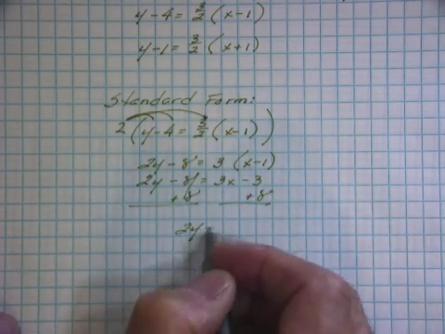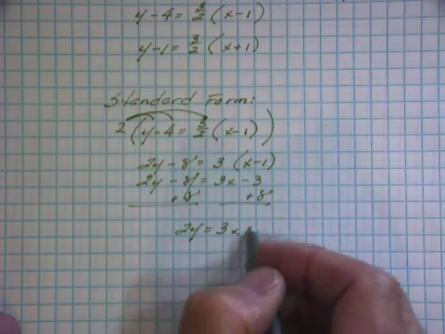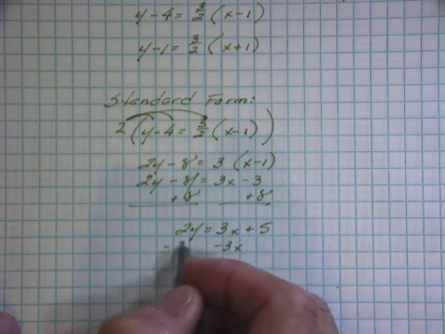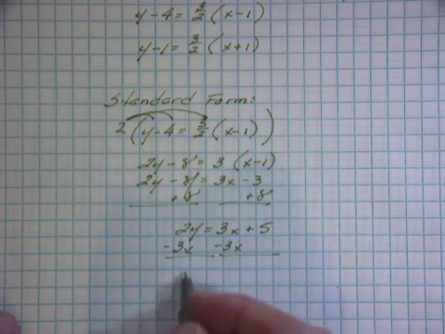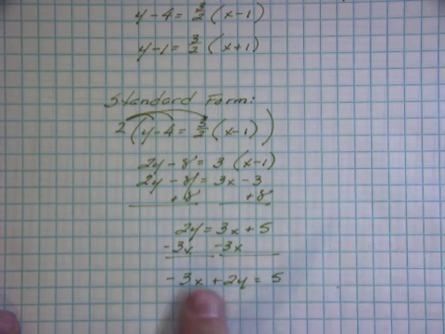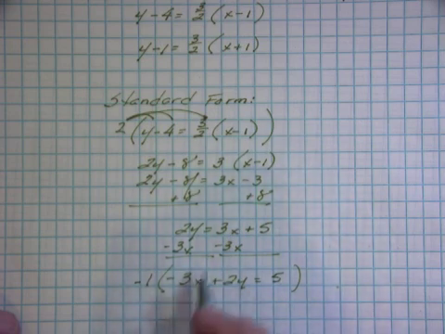Now you can distribute: 2y minus 8 equals 3x minus 3. Now to get it in standard form, the 3x has to go in front and the 8 has to move over. Maybe I add the 8 first. Doesn't really matter. So that's 2y equals 3x plus 5.